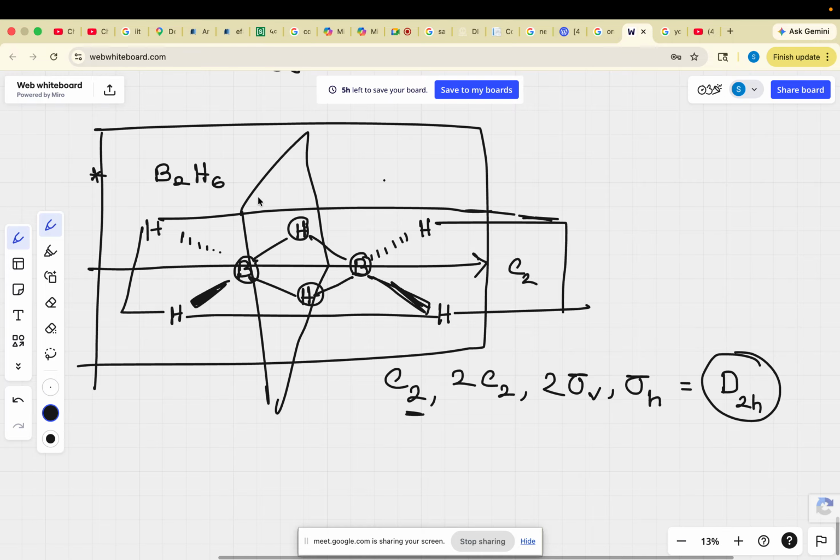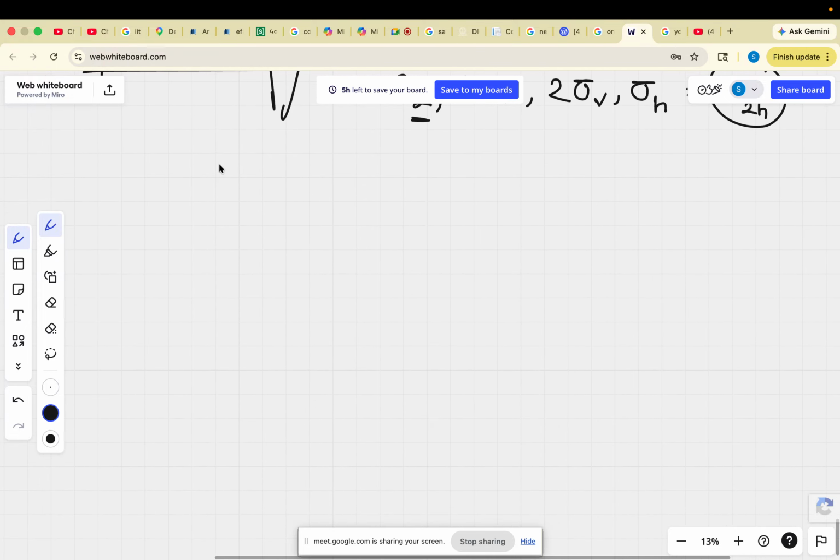Fine, D2h point group. Now next, suppose I have another molecule, H3BO3. First of all, try to draw H3BO3. H3BO3 will look like this: boron, oxygen, hydrogen.